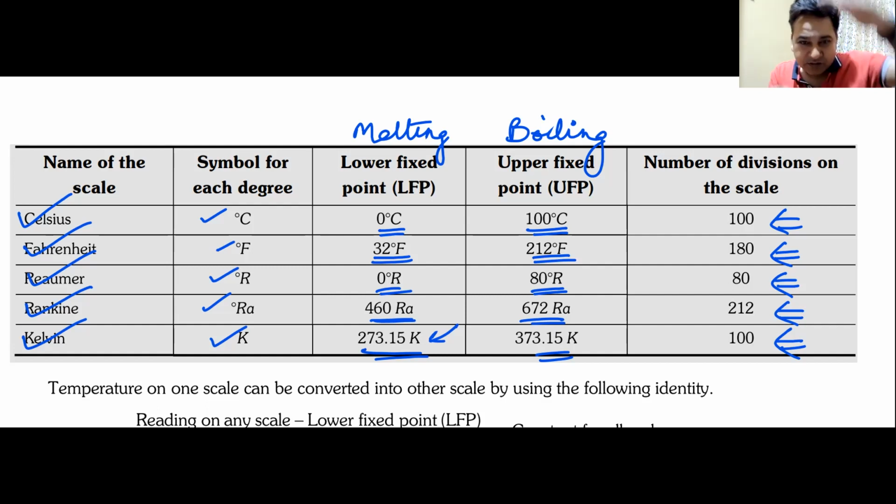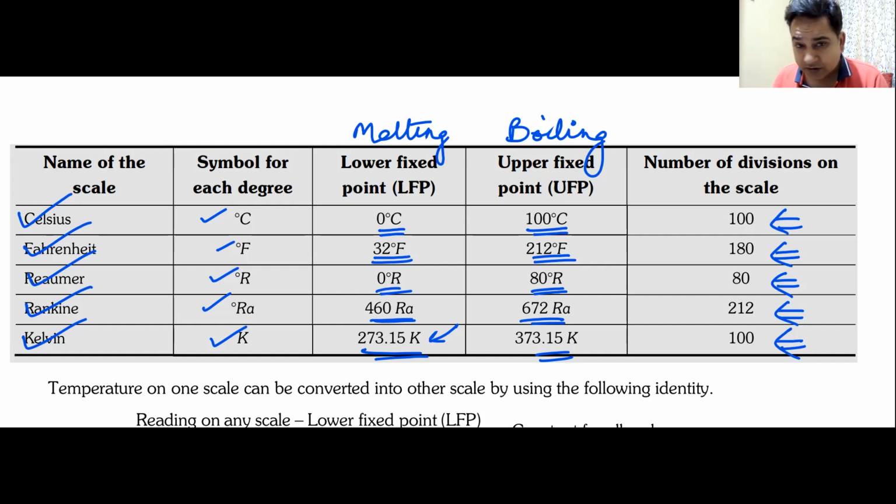So the temperatures your mercury thermometer gives you between 0 and 100 are not exact. But it is fairly good enough to calculate.